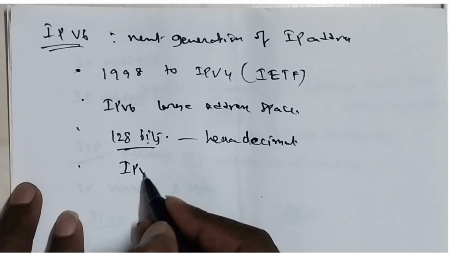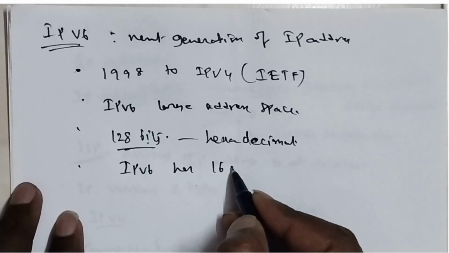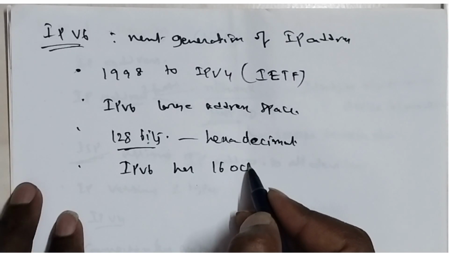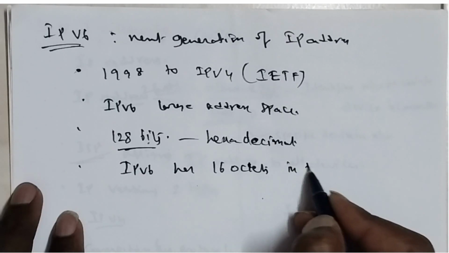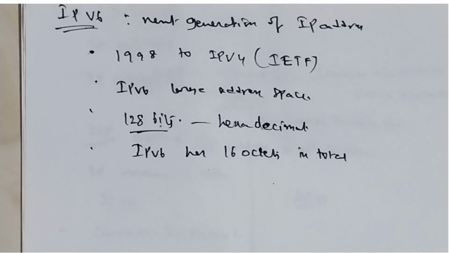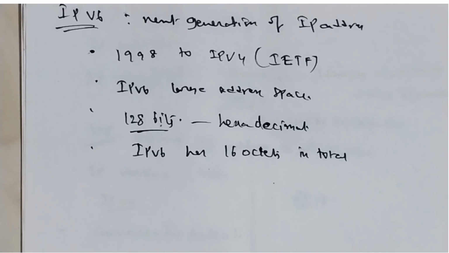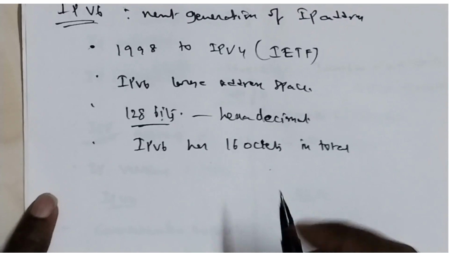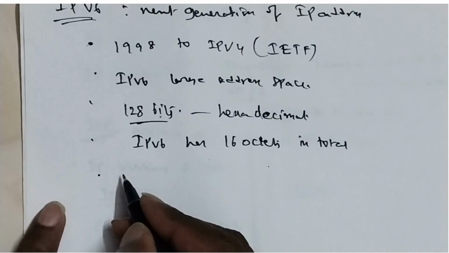As a result, IPv6 has 16 octets in total. In IPv6, the separator is a colon.